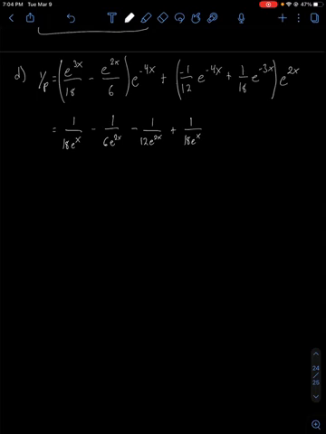We can. So that's going to be 1 over 9 e to the x, minus 1 over 6 minus 1 over 12 is going to equal negative 2 over 12 minus 1 over 12, which is minus 3 over 12, which equals 1 over 4.